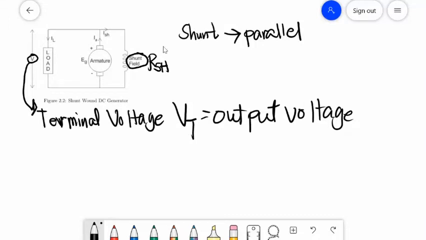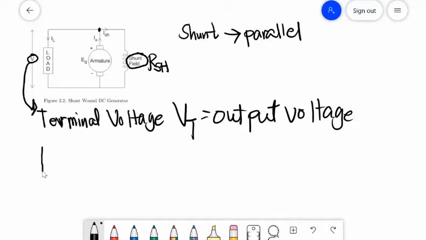As you can see here, we will examine this circuit. This is the generator. What will be the equation of your IA? We will rewrite this circuit diagram.